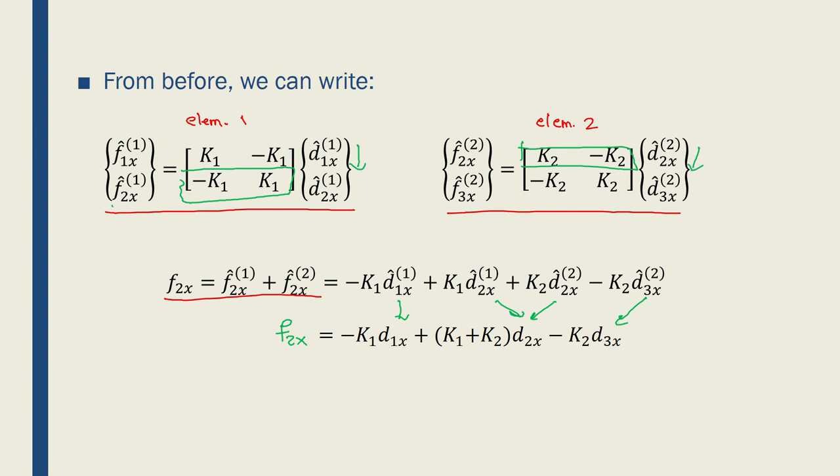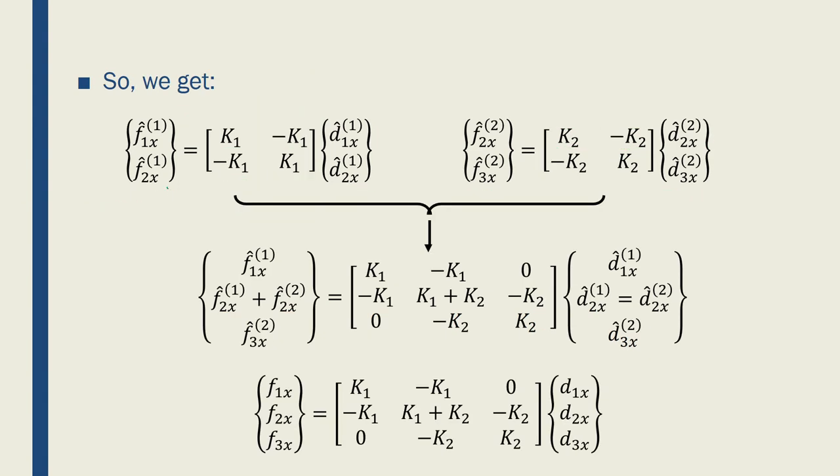And so knowing that, let's move on to the next slide. And here I see that from the two local equations that I had before, F1x1 hat, F2x1 hat is equal to this equation, and for element 2, F2x2 and F3x2 is equal to this right-hand side.